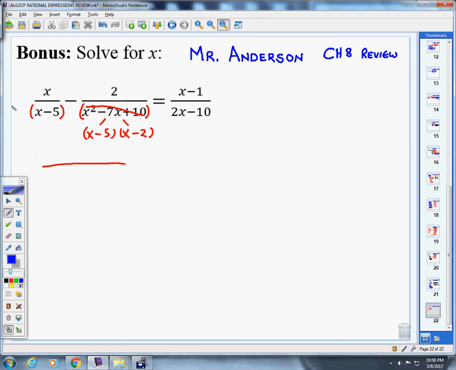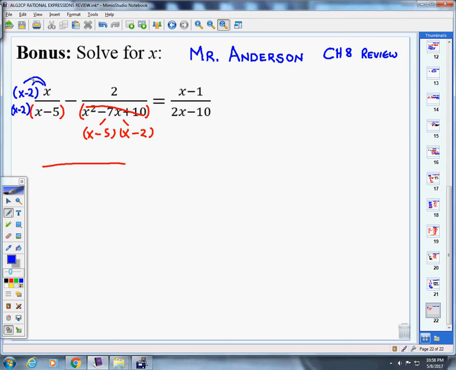So I just need to multiply this fraction, and I'll squeeze it in here, by x minus 2 over x minus 2. That will give me the common denominator over here that I need to match this one right here, and then I'll be free to subtract the numerators. All right, so I've got common denominators.